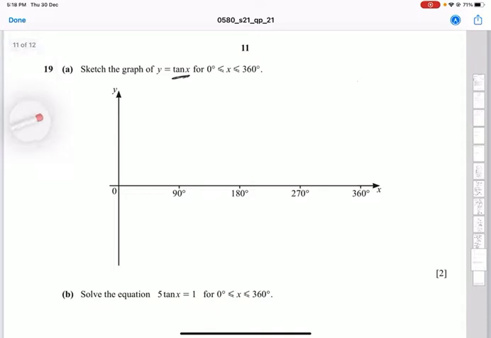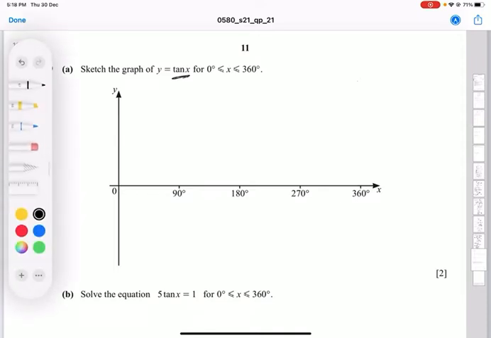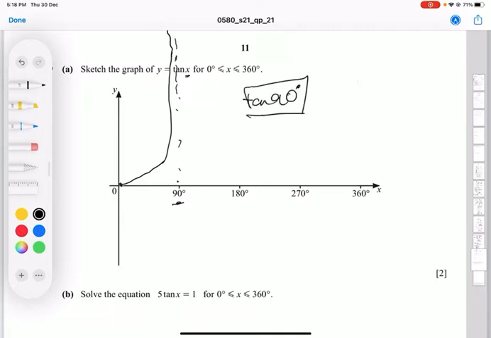Essentially, it starts here at 0 and goes like this up until 90 degrees, and it diverges here. It goes up all the way and never reaches 90 degrees. This is why when you put tan 90 into a calculator, it's going to give you undefined, because it never reaches that value.